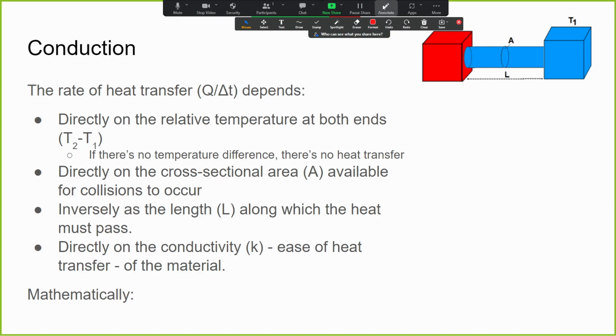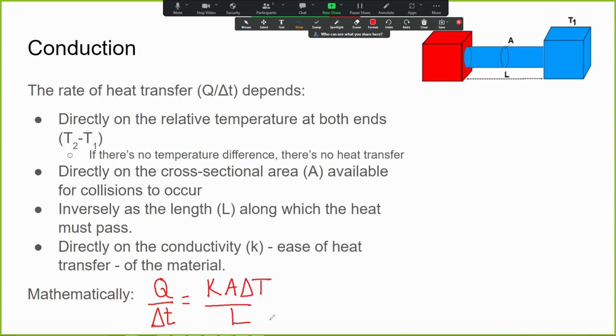Mathematically, we can write an equation for this, and this is an important one to know. I think it's on your reference table; I'll have to double check that. I hope it is. This is the rate of heat transfer. Remember, Q over delta T. I don't think I pointed that out before. Sorry, I definitely should have.